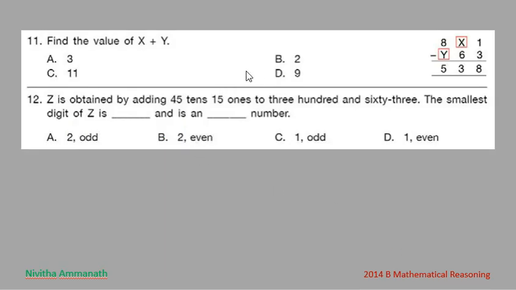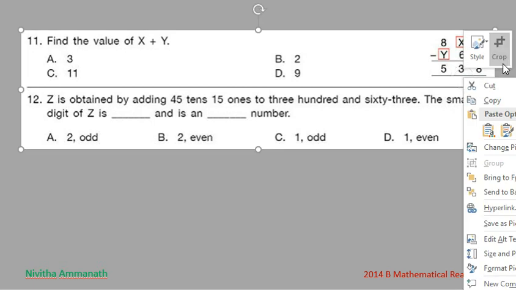Find the value of x plus y. Here how we get this x and y. How we get some number minus some number equal to this number. So we get this number as adding this 2. So 8 plus 3 equal to 11. 1 carry over here.